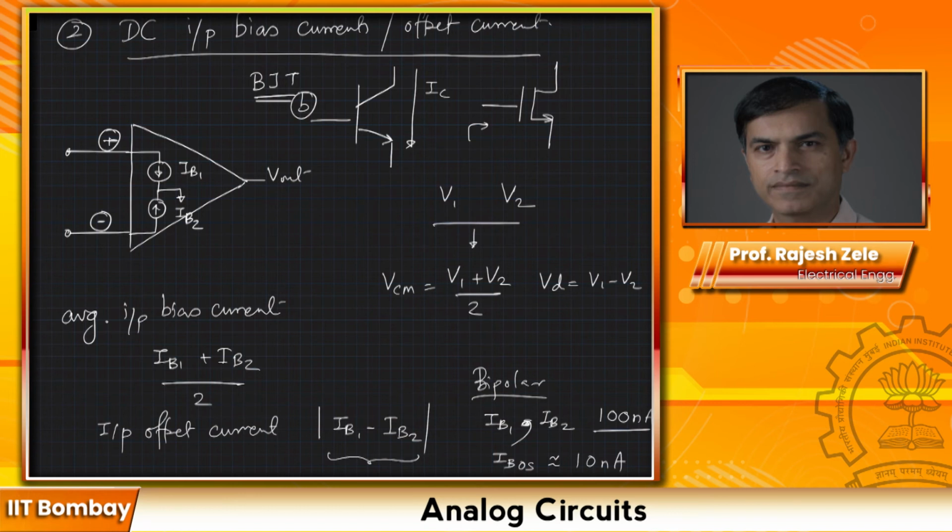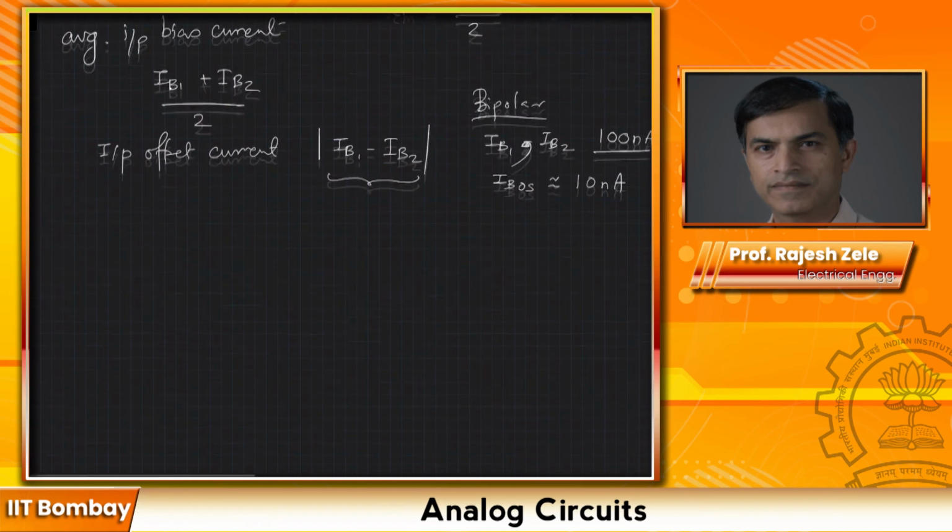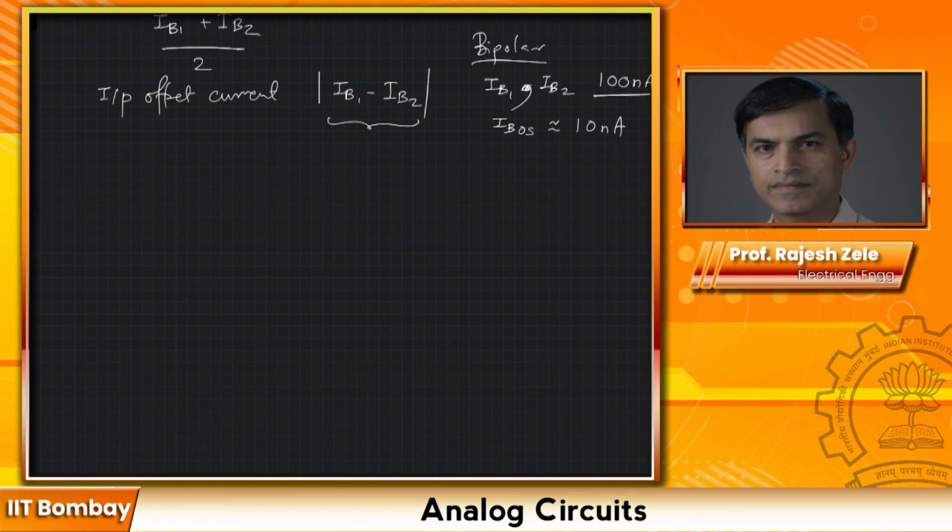Okay, so we can analyze the impact of these bias currents as well as the offset currents using circuit examples, and then it will become clear to you. And I'll show a technique which we can use to mitigate this offset current.